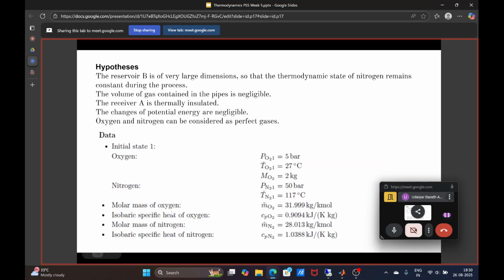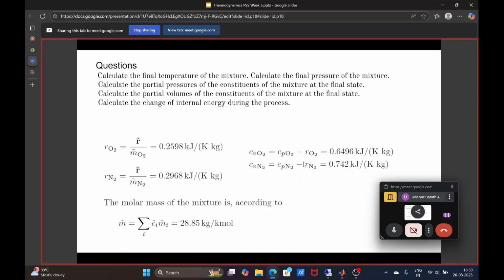So since your isobaric specific heat is given, using this you can find out the isochoric specific heat, that is Cv. So Cp is Cv plus R, or Cv is Cp minus R. So for Cv of oxygen, it's Cp of oxygen minus R, your gas constant of oxygen.